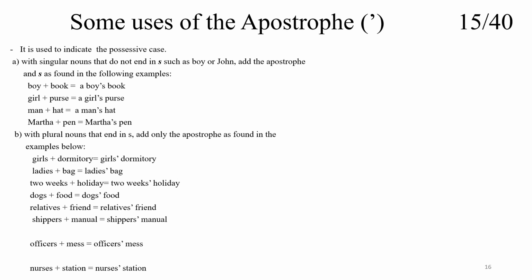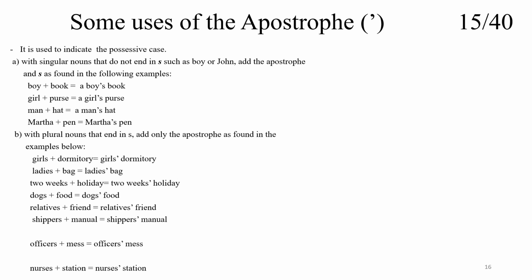Where have I put the apostrophe? I have put the apostrophe after the S. So this time it's not apostrophe and S, but you see that the apostrophe is placed after the S. I hope you are opening your eyes widely to see where to place the apostrophe symbols.